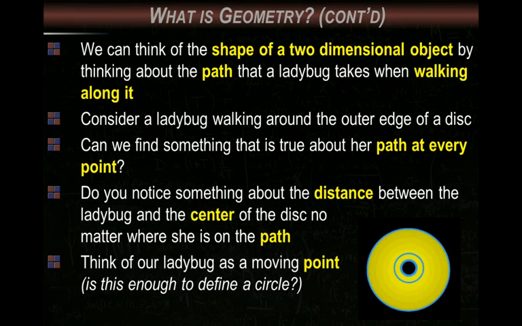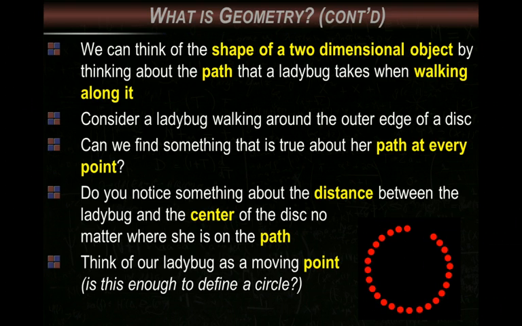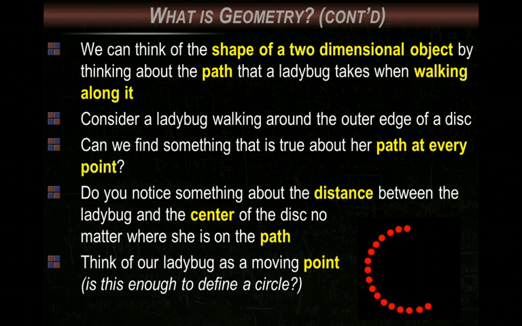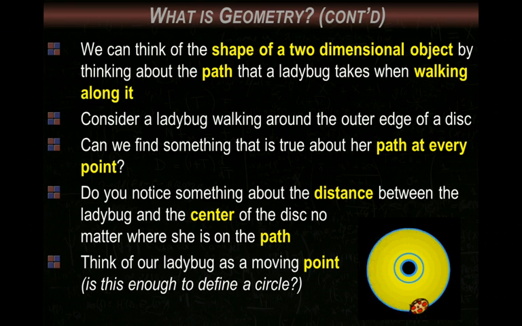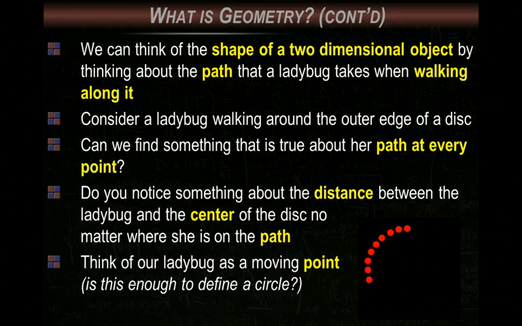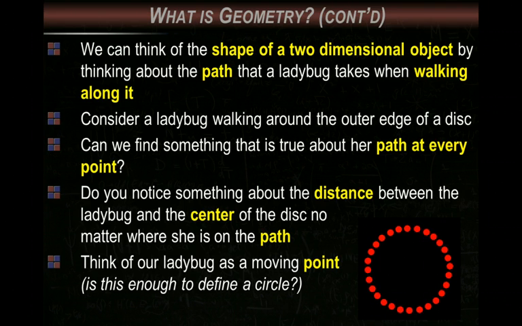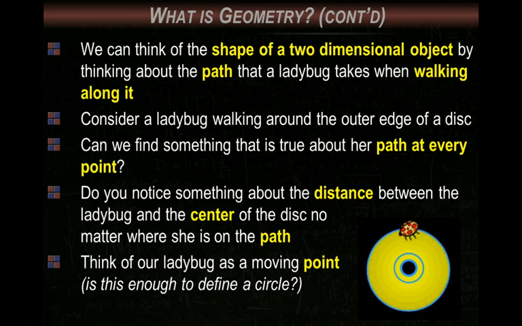I made a little animation for you. So here goes the ladybug walking it. If that ladybug dropped a dot every step she took, or let's say she took a poop every step she took, would those dots be enough to define the shape of the circle? It might be, right? It might be able to tell you what the shape of the circle is. So we could take the poop and transfer it and we'd get the same shape.